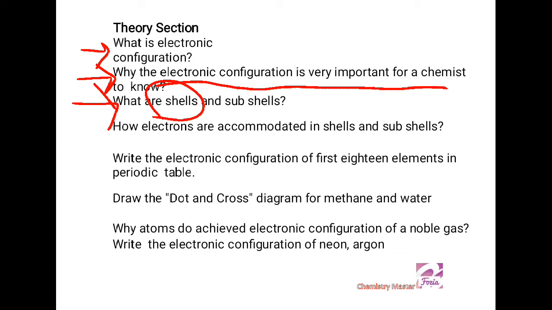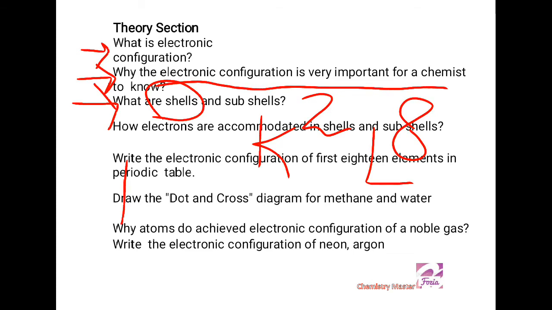The very first shell is designated as K. It can have only 2 electrons in it, and it has the lowest energy level. The next shell is L, in which 8 electrons can be accommodated, but the energy level of the second shell, L shell, is higher than that of the first shell, that is K shell.